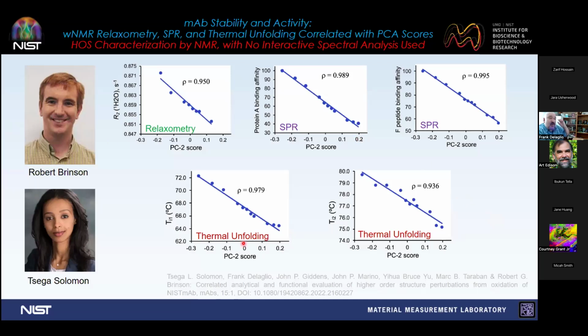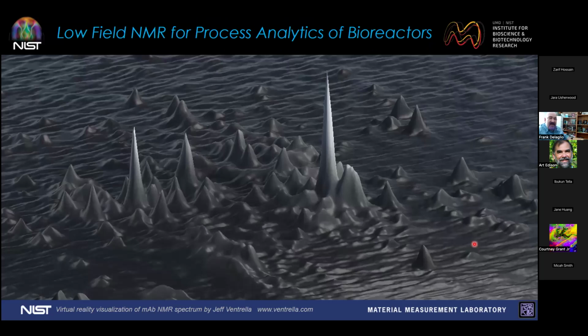So we can get quantitative information about activity and stability from the NMR data, and it didn't require any peak analysis. So that's pretty cool. And that's an example of the kind of work that we're doing to support characterization of therapeutic high order structure by NMR.